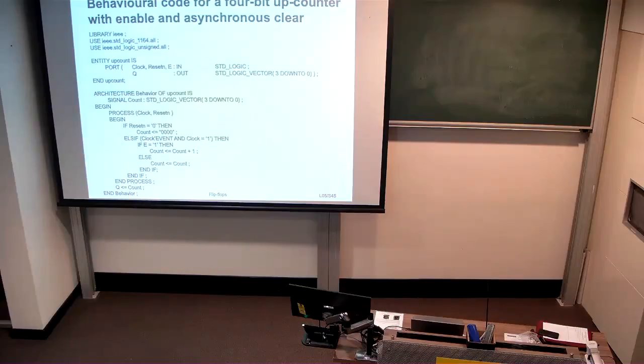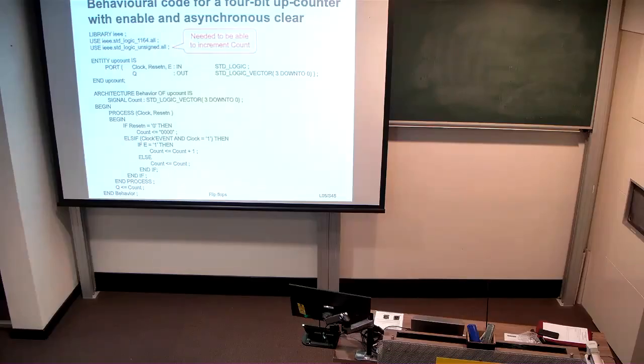Okay, so there are a few subtle things here that you may not immediately realize, but overall this is a reasonably clear description of how the counter works. I did mention we've got to include this additional package so that we can do this +1 down here.